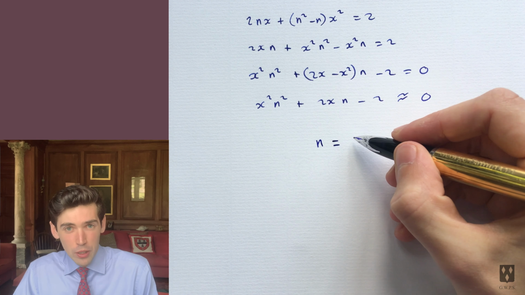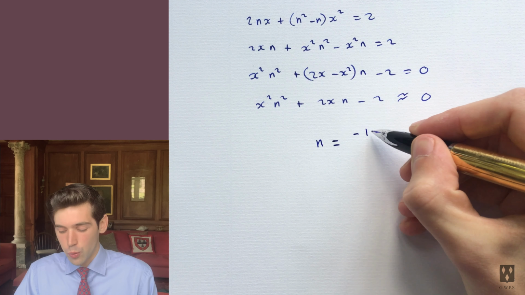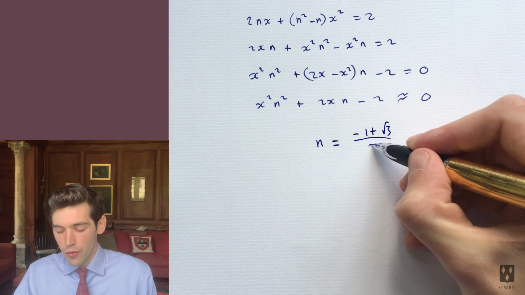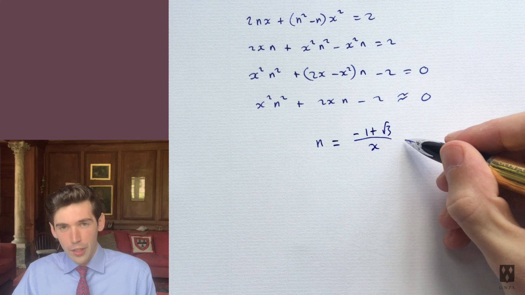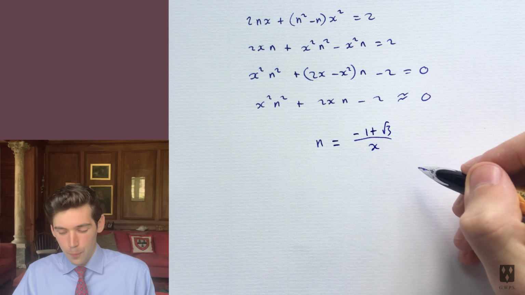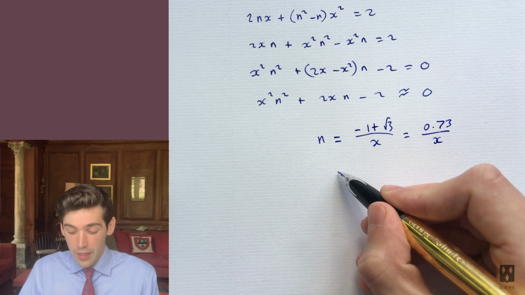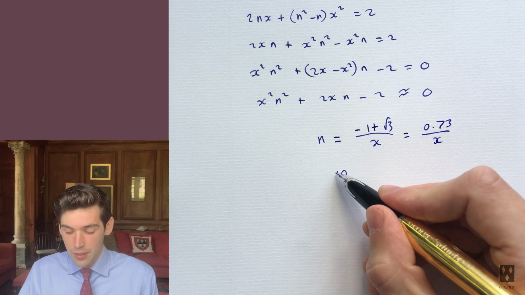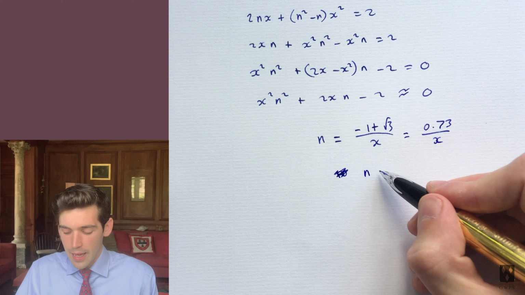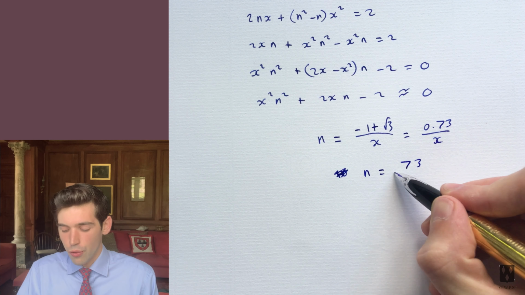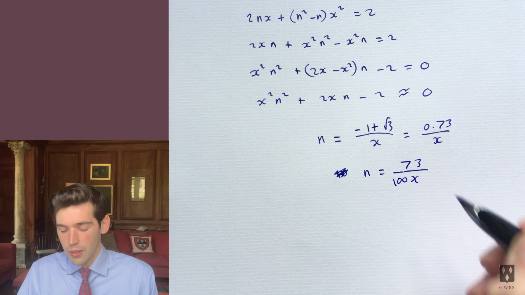So, because it's by symmetry, effectively. So minus 1 plus root 3 over x, which is what we had before. Okay, so we get the same thing, which is that n is 73 over 100x.